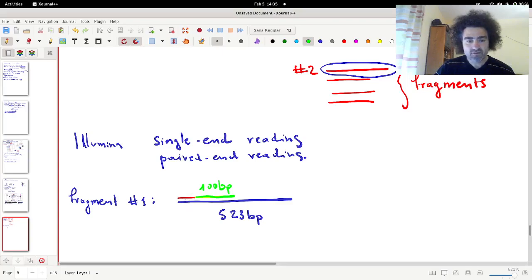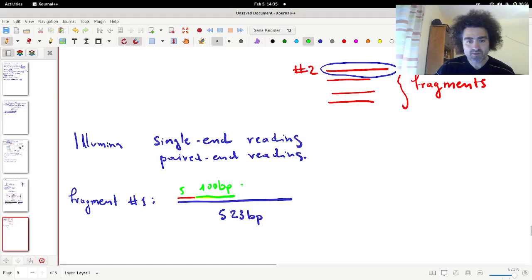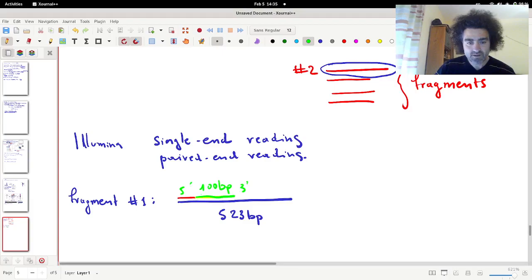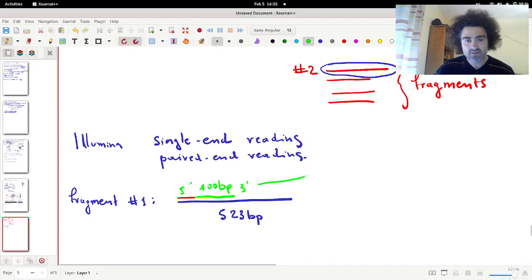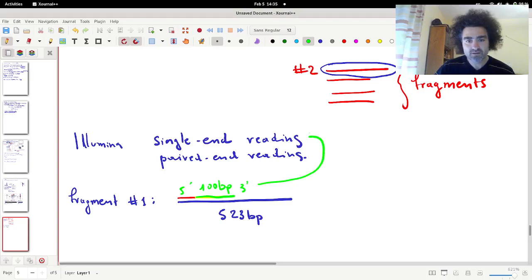So synthesis here goes all the time from 5' to 3' end and was reading exactly this piece of DNA, exactly 100 base pairs. If it reads only from one end, then this technology is single-end reading.